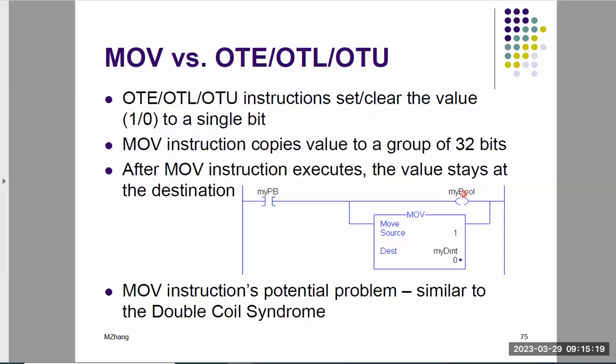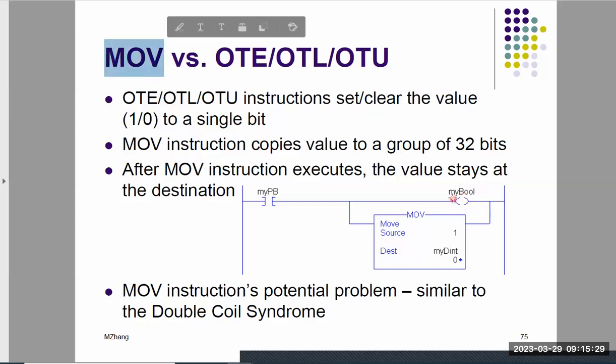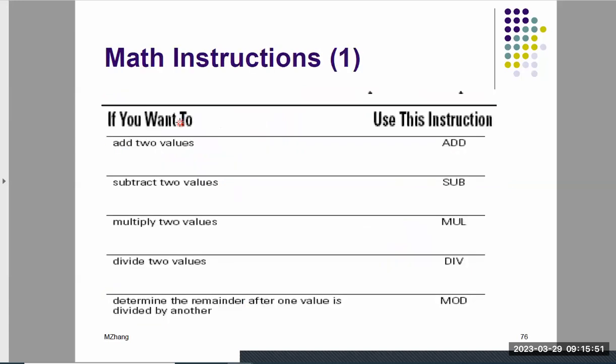That directly is an analog output, and that's also going to be done by MOV. Similar to OTE: with OTE you energize a light, but the valve is an analog output. In order to change the valve opening, you have to use MOV to change the opening of the valve.